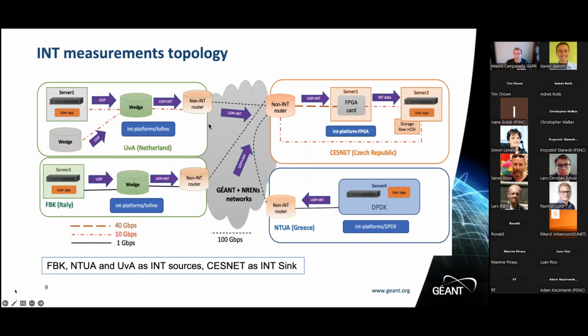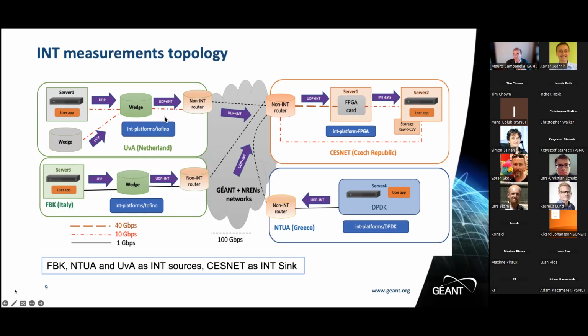So the measurements have been done between these four sites. One was UVA in the Netherlands, in which we have a Tofino-based Wedge that can act both as a normal switch, which receives packets from iPerf2, or it can generate packets itself at a very high precision. We will detail that later.